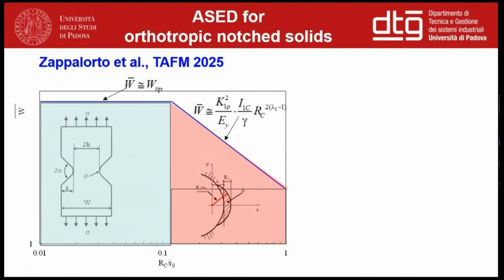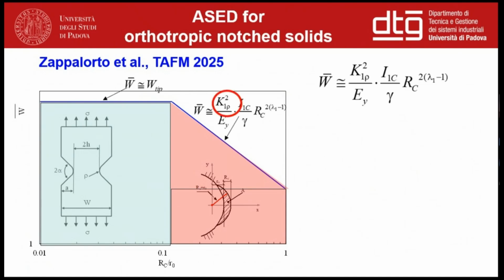And so in this region, there is no significant difference between the reduced notches in the calculation and the corresponding pointed V notch, so the notch with the same notch depth, but a notch root radius equal to 0. According to this region, we can use this simplified equation to assess the average strain energy density.